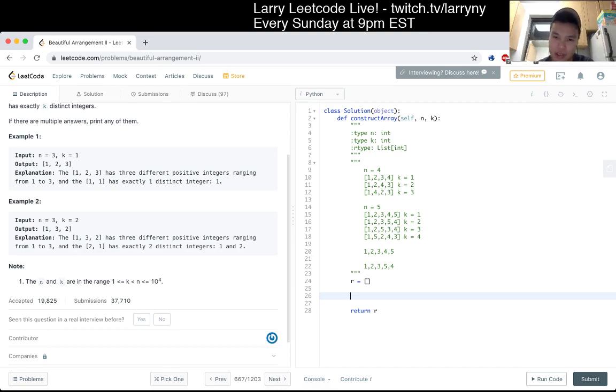I think another way to look at it is that for k equal to whatever, you only need the last k digits to be in a shuffled way. That part seems consistent, so maybe I'll just do that. That means for the first n minus k numbers, I don't need to move.